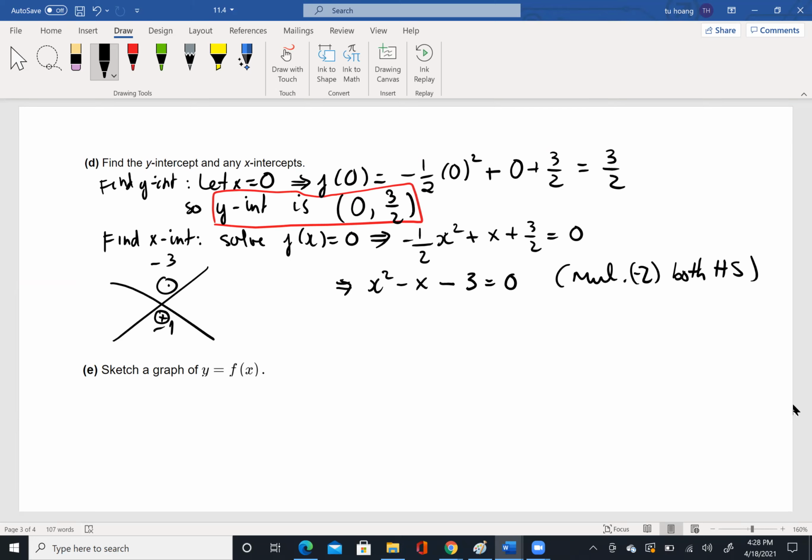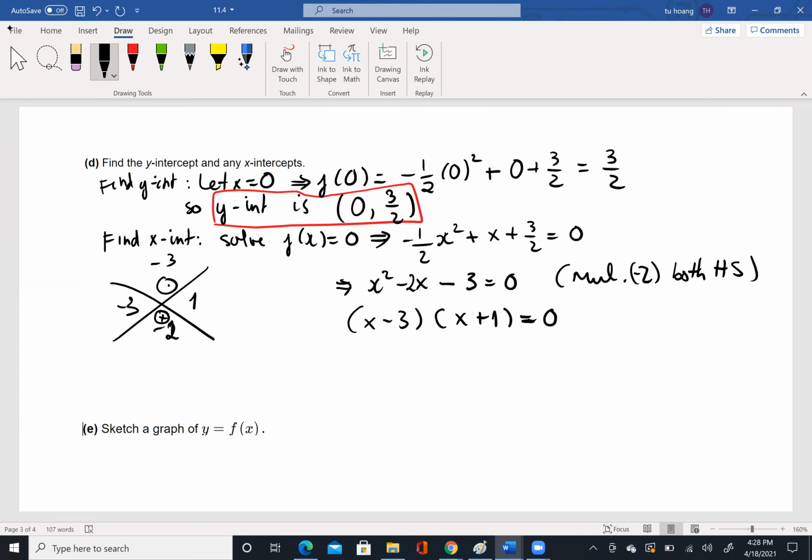Oh wait, did I miss anything? Oh, I missed the number 2 over here, right? Okay, so this will be -2. I could think about -3 and 1. Okay, so then I can factor it as x minus 3 times x plus 1 equal to 0.